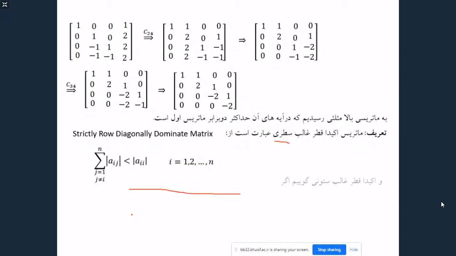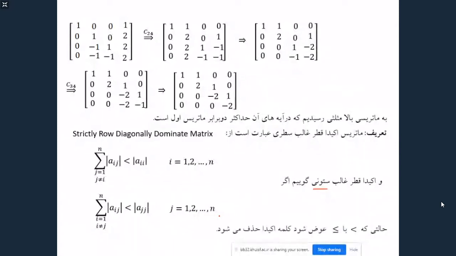I will tell an example. Also, we have strictly column diagonally dominant matrix. It is summation for i from 1 to n, i except j, absolute aij less than absolute ajj, j from 1 to n.